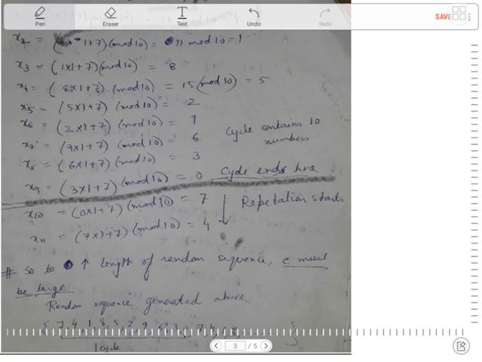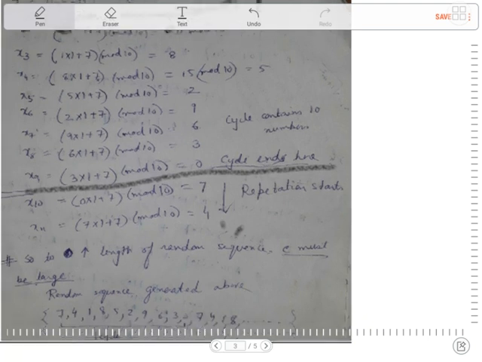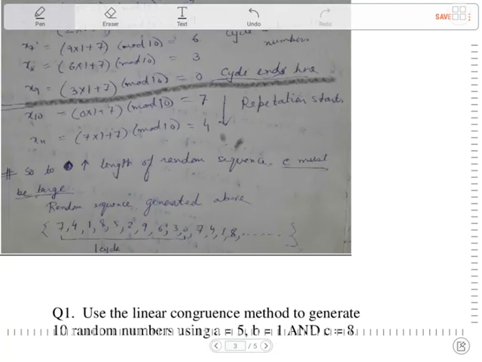So obviously after 10 terms you should get back the same remainder because you are dividing by 10. So again x10, x11, x12, and this continues. So how is the pattern? You can write it like this: 7 4 1 8 5 2 9 6 3 0. Up to 0 there is no repetition. Again after 0, 7 4 1 8, like this.